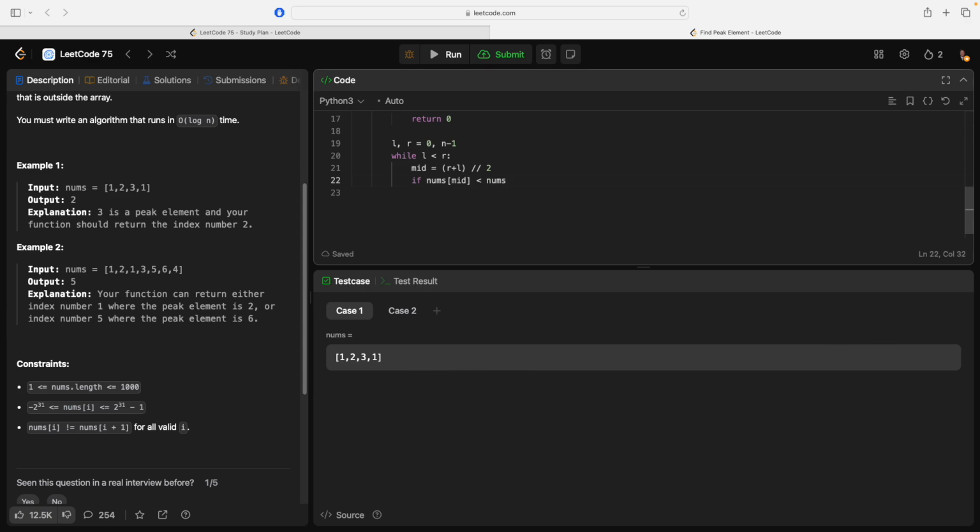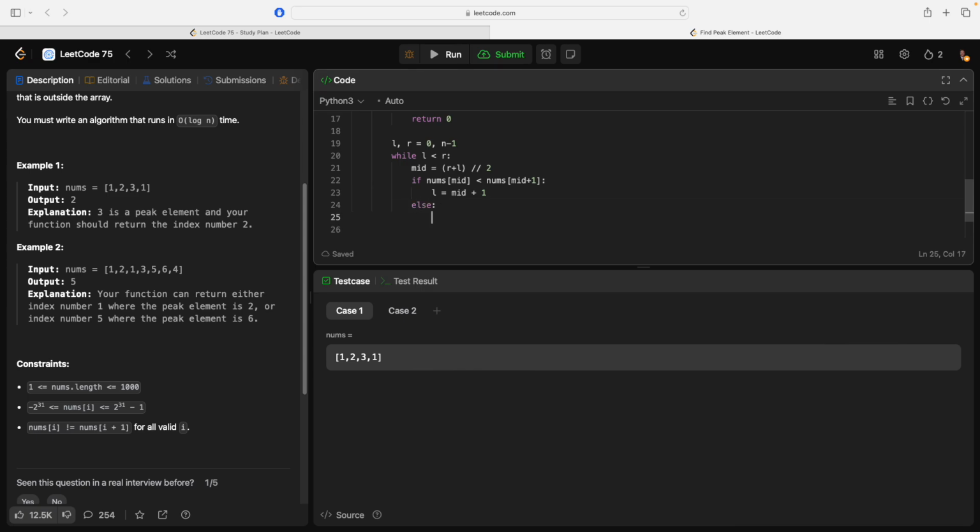So if nums mid is less than nums mid plus 1, and there must be a neighbor because otherwise these two would be equal, then L equals mid plus 1, because we know that mid is not the answer. So we might as well skip over it in our next search.